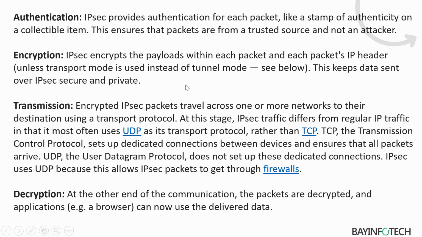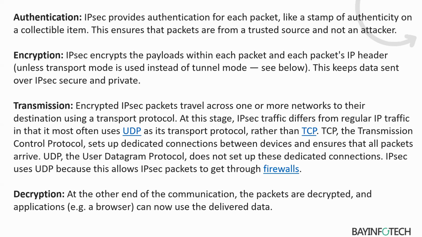Transmission. Encrypted IPsec packets travel across one or more networks to their destination using a transport protocol. At this stage, IPsec traffic differs from regular IP traffic in that it most often uses UDP as its transport protocol rather than TCP.